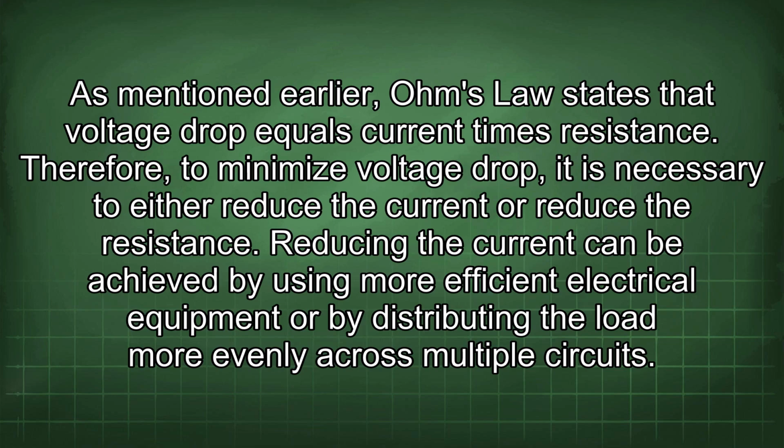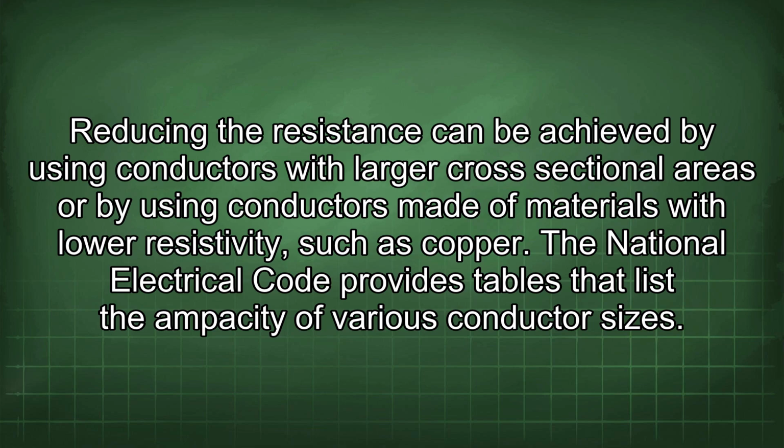Therefore, to minimize voltage drop, it is necessary to either reduce the current or reduce the resistance. Reducing the current can be achieved by using more efficient electrical equipment or by distributing the load more evenly across multiple circuits. Reducing the resistance can be achieved by using conductors with larger cross-sectional areas or by using conductors made of materials with lower resistivity, such as copper.